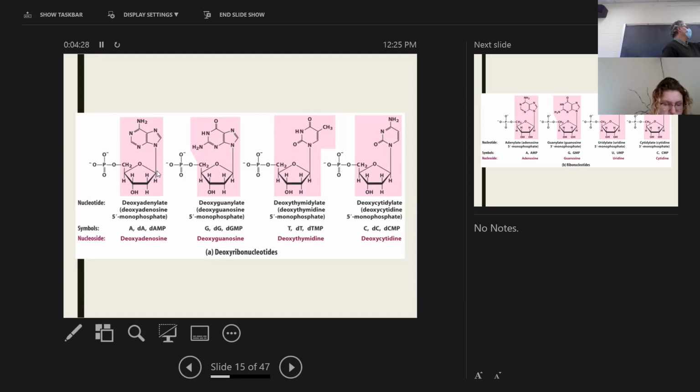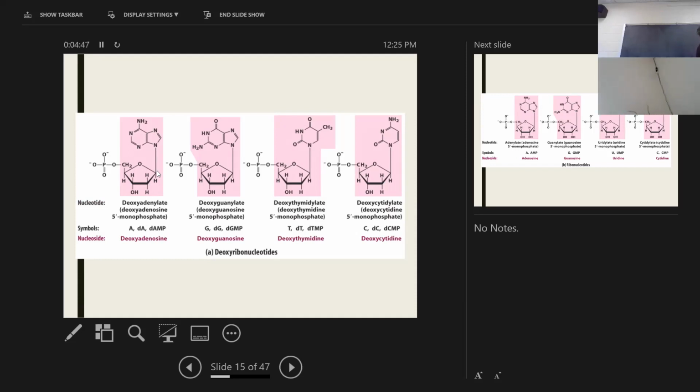Got a phosphate, adenine, so it's deoxyadenosine. With the phosphate, it's deoxyadenylate. Over here, guanine. With the sugar, the nucleoside, it's guanosine.